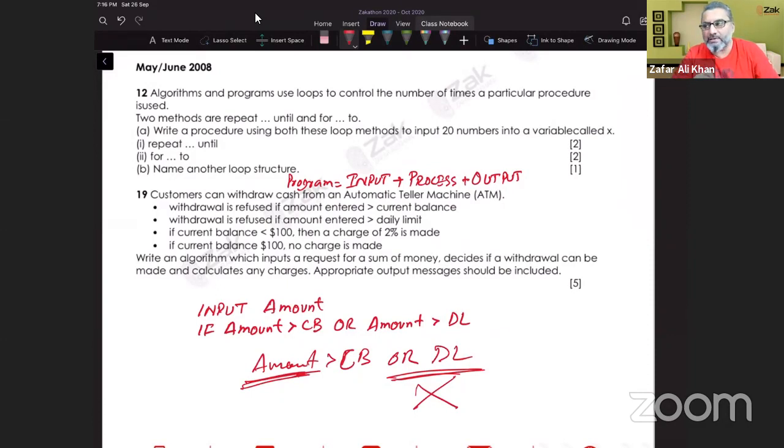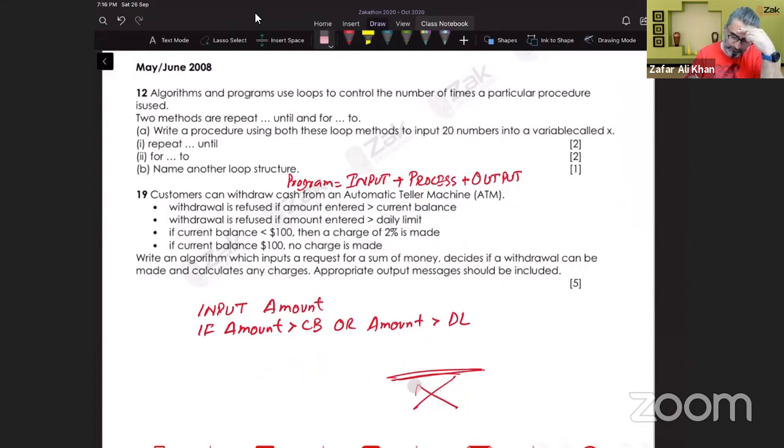Maybe when we are talking about it, this seems okay, but when we are writing pseudocode, it is not. Then output refused. All right, so this is done.